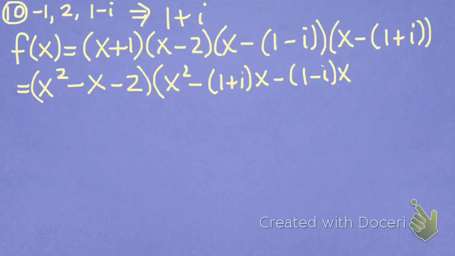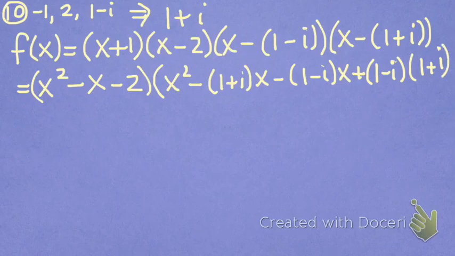And then our last times our last gives us plus, and then we're going to show that again, a binomial looking product, 1 minus i times 1 plus i. Barely had enough room on the screen to get that one on that line.